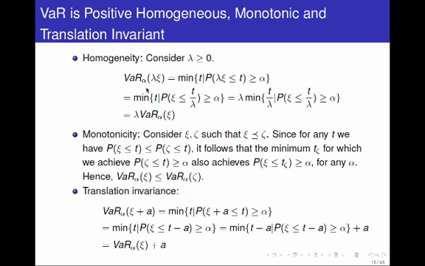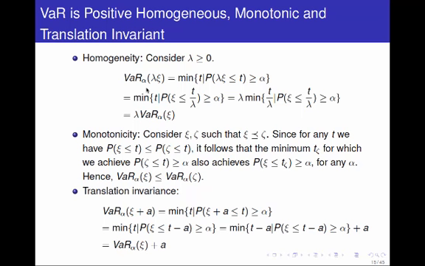VaR of, let's see what positive homogeneity is saying. It says that if you take a certain lottery that's paying you off this much, and you scale this lottery by lambda, what you're effectively doing, if lambda is smaller than 1, geometrically what's going to happen here? It's going to shrink, right?